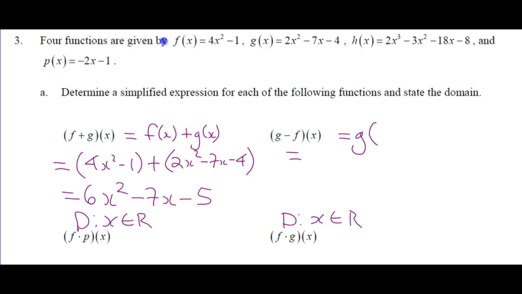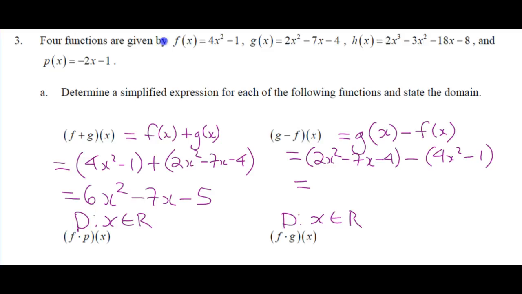So what is this? I'm going to magically remove the brackets and simplify in one step. But just be aware, if you find you make mistakes, this has to be a minus 4x squared and a plus 1.